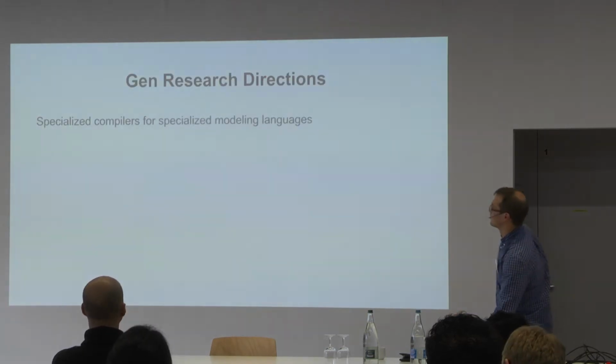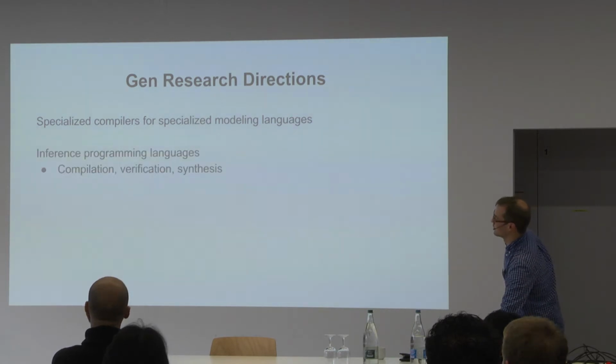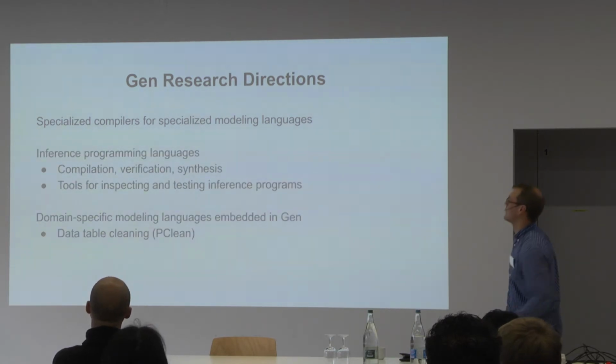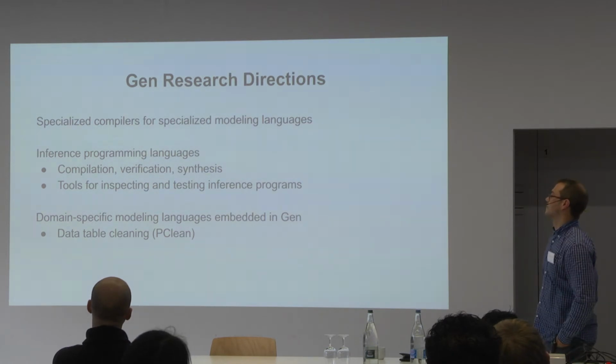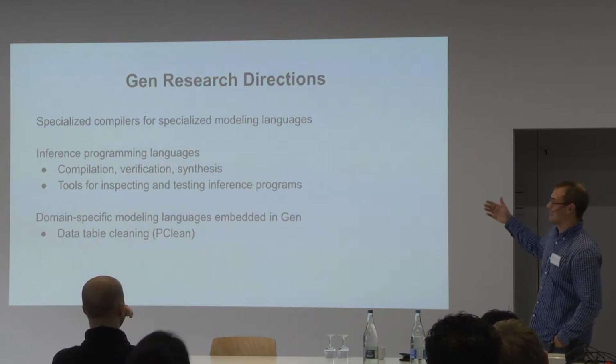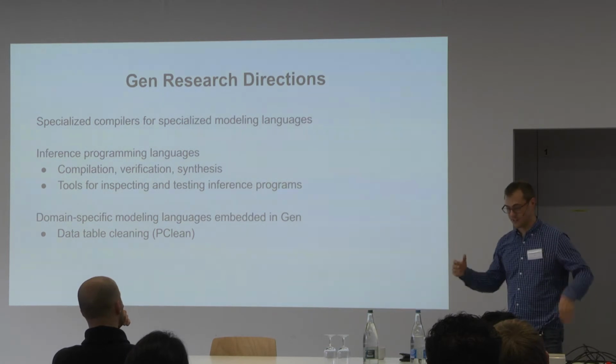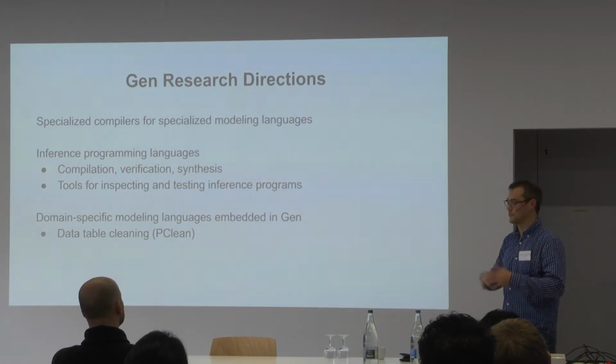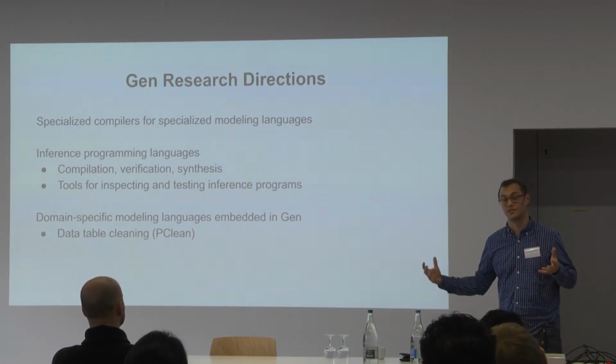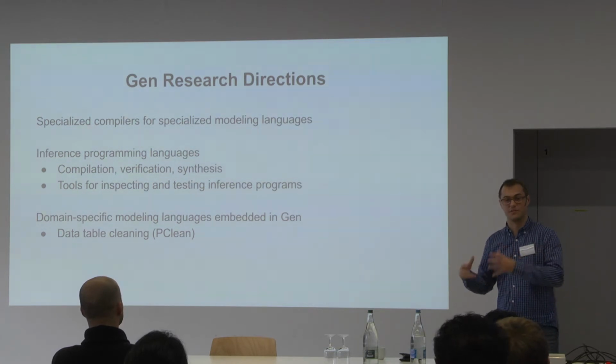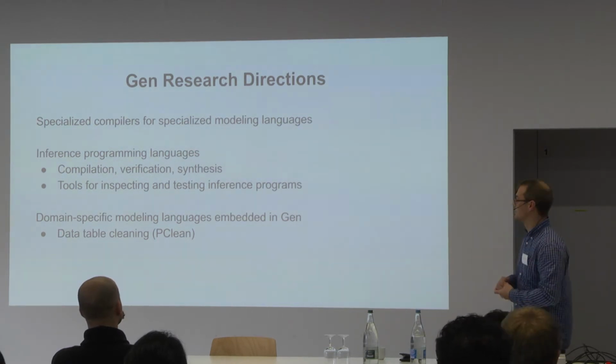So Gen research directions that we're interested in are looking at specialized modeling languages. Because of this black box abstraction, Gen is composed of a set of different modeling languages, and users combine these modeling languages in different ways depending on the application.